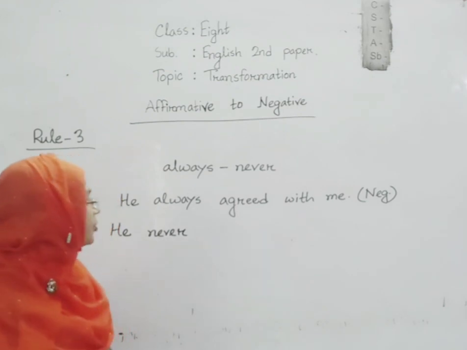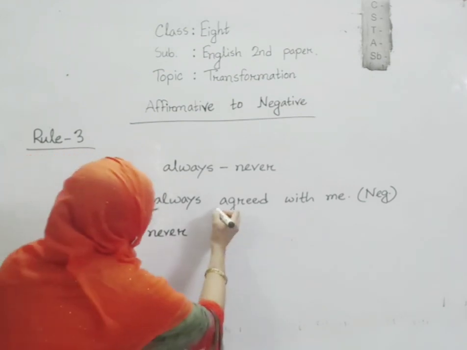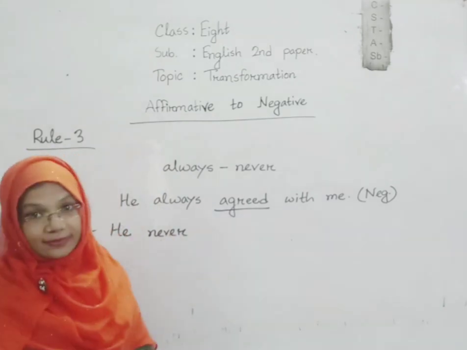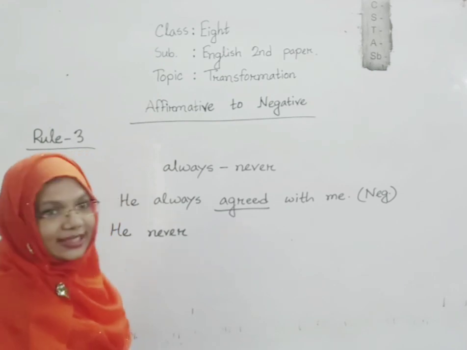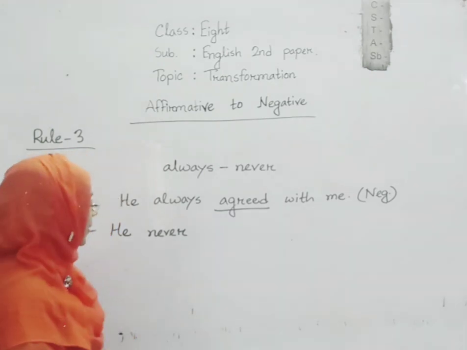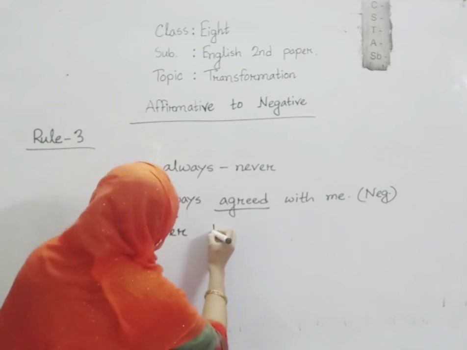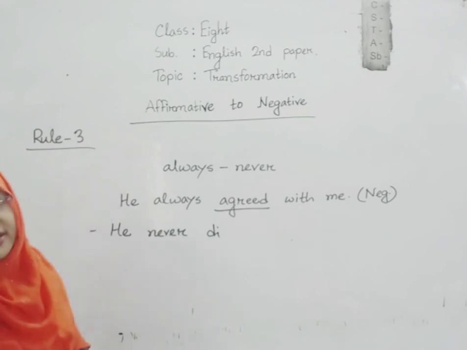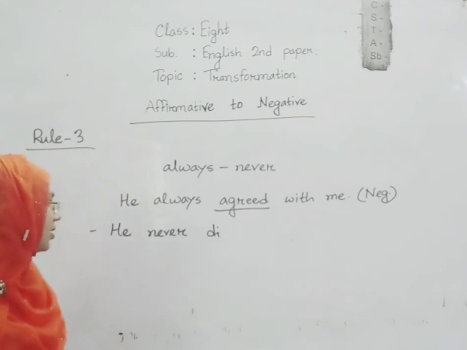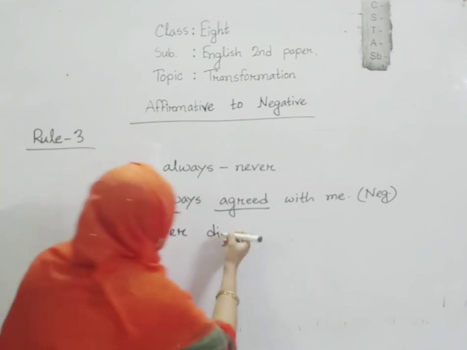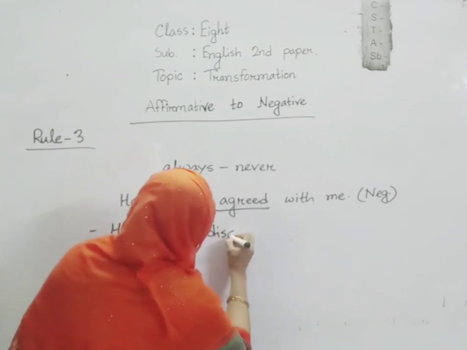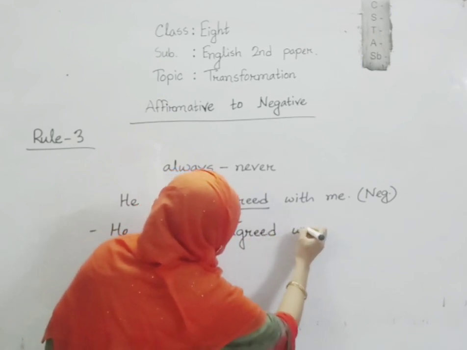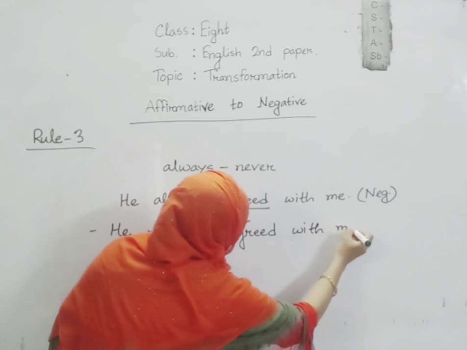And next we have to write down the opposite form of after verb, and there may be a verb or an adjective or any person. No problem. So there is agreed. I have to write down disagree, which is the opposite word of agreed, with me.